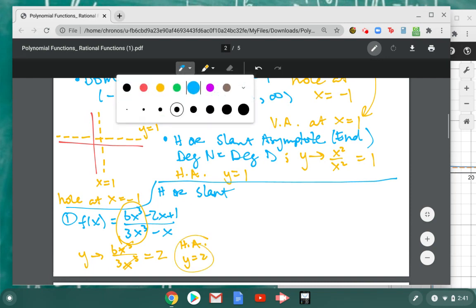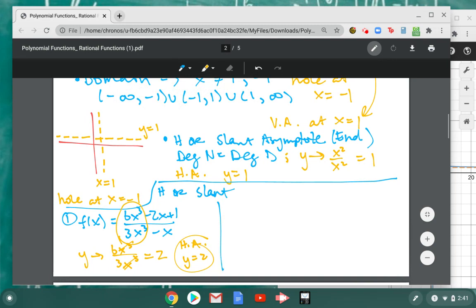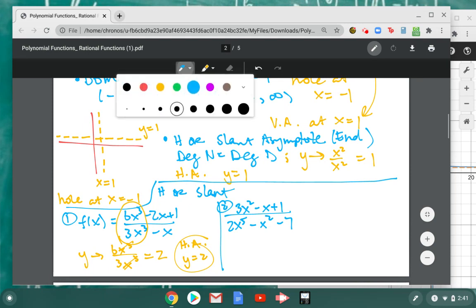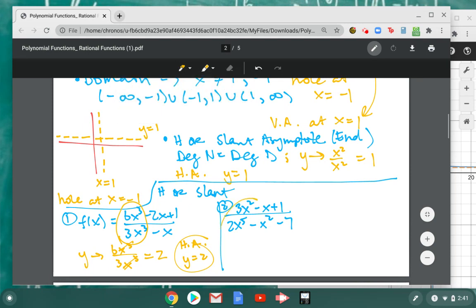Okay, let's do another example. Number 2. For number 2, let's go ahead and say that our function looks like this. Let's say that we've got 3x squared minus x plus 1 over 2x to the 5th minus x squared minus 7. For this one, my degrees are not the same.